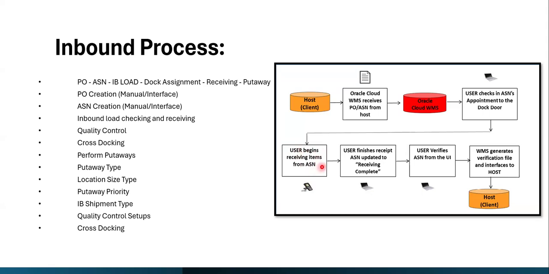As soon as you receive, the status of the ASN will change to receiving completed. Now, till this, any doubt? You sent the trailer to the dock, unloaded it, started receiving, and completed the receipt. You completely received that ASN in WMS as well as physically.